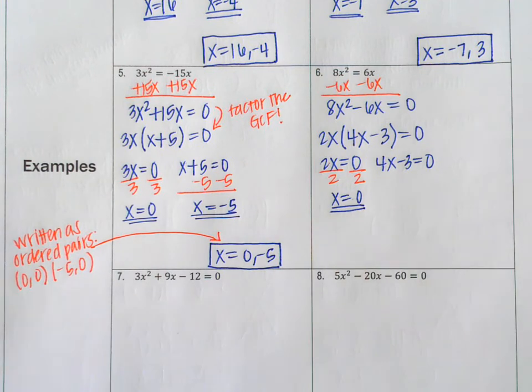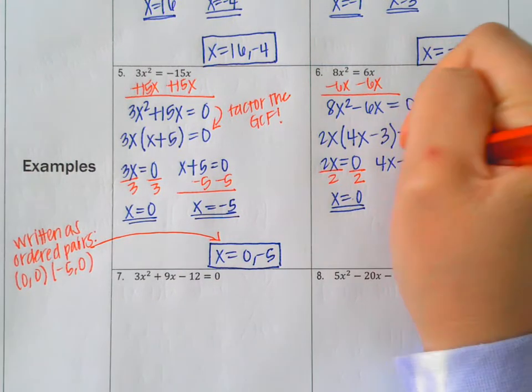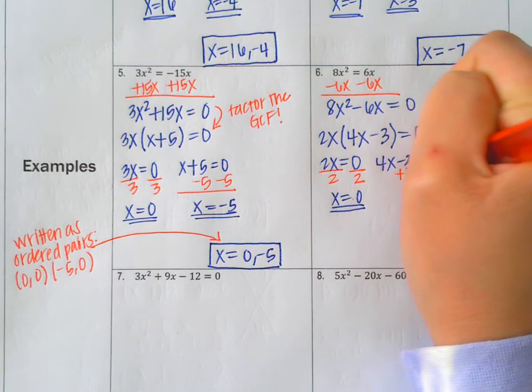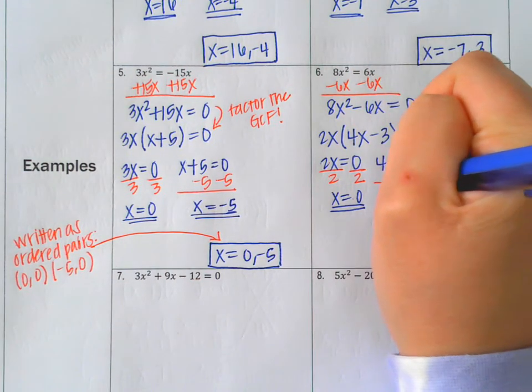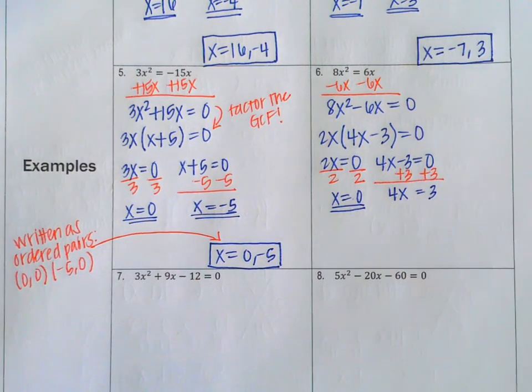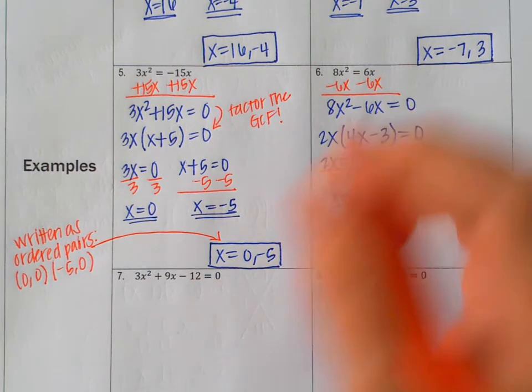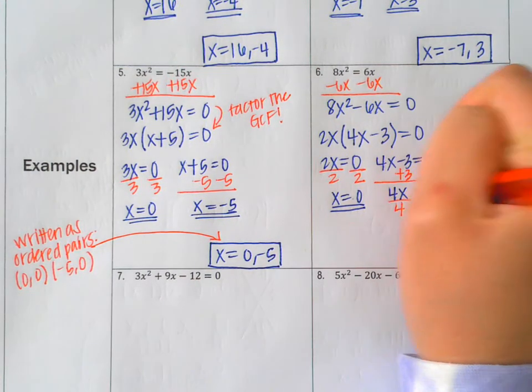Now this one, there's a little bit more extra steps here. It's okay. We're going to get through it. We're going to first move over the 3 by adding 3 to both sides. We get 4x equals 3. Still need to get x by itself, so we're going to divide both sides by 4.